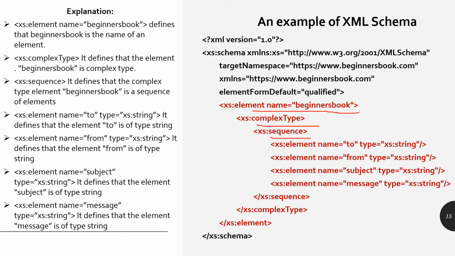This particular thing refers to the element to being of type string. This defines that from is of type string. This refers that the element name subject is of type string. Similarly, the element name message is of type string. This is about an example of XML schema.